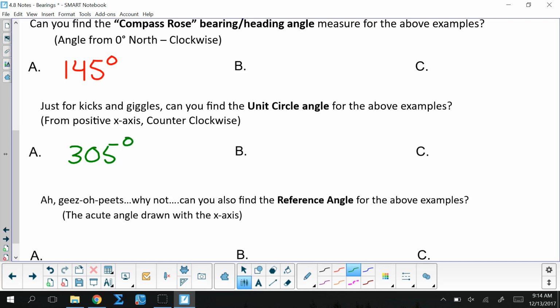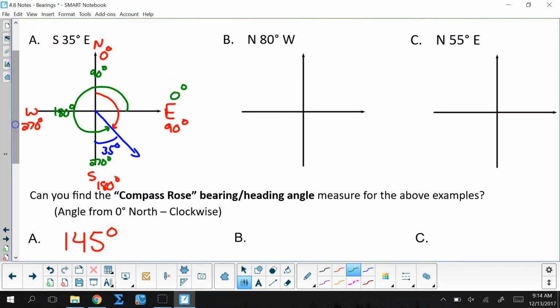Let's take it another level. We also have something called reference angles. Refresh my memory with reference angles. They come off the horizontal, and they're positive, correct? And they are acute, right?